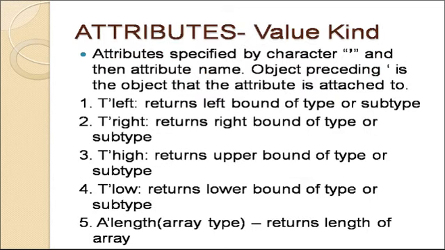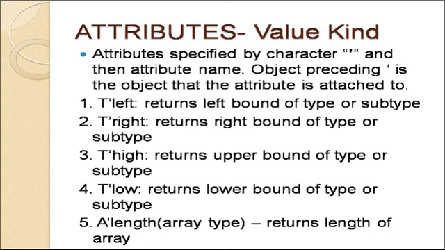Now we'll see the value kind attribute. Try to understand one thing. Attributes are specified by a character tick, you may say single inverted comma.